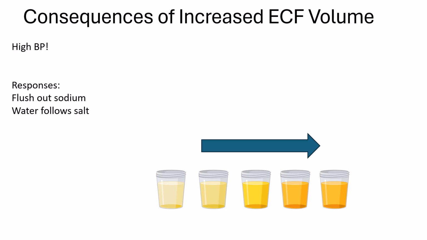Thirst can lower your ECF osmolarity, but it also raises your blood volume. And we've avoided blood volume as a factor for osmolarity, but there are consequences, definitely, for having too much fluid volume in general. So you drink some water to lower that osmolarity, and immediately the kidney stops reabsorbing so much sodium.